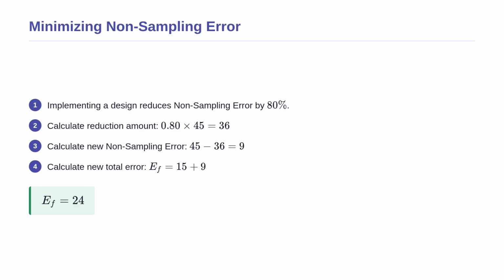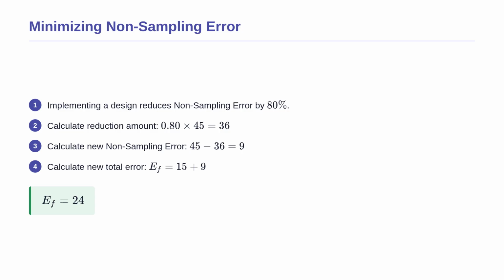Now, let us see what happens when we introduce a structured plan. By implementing a research design, the non-sampling error is reduced by 80%. First, we calculate 80% of 45, which is 36. We then subtract this massive reduction from the original 45 units, dropping the non-sampling error down to just 9 units.